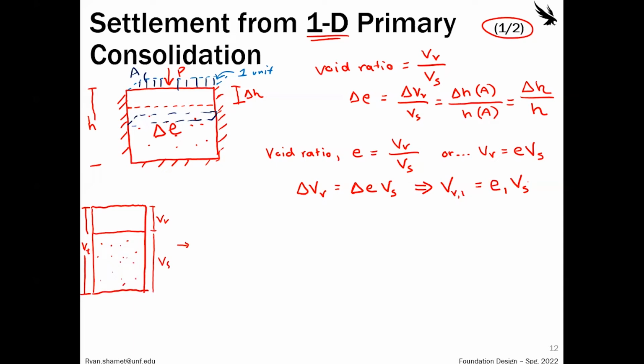If we think about what we're doing during primary consolidation, we're just lowering the volume of voids, but our volume of solid is staying the same.